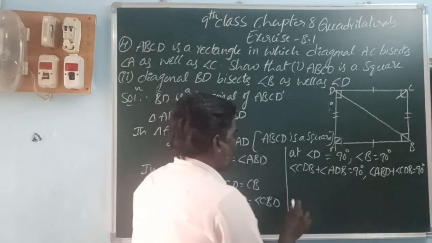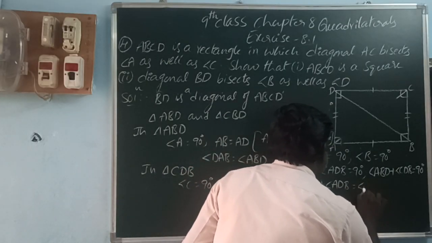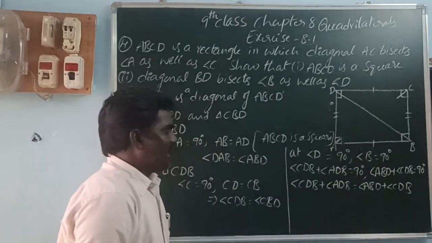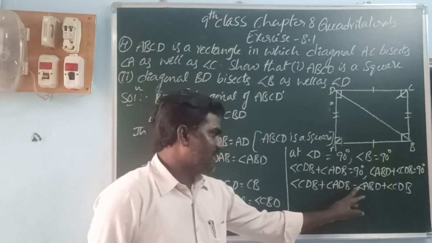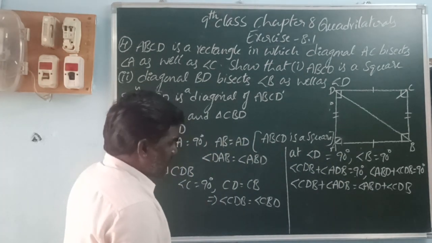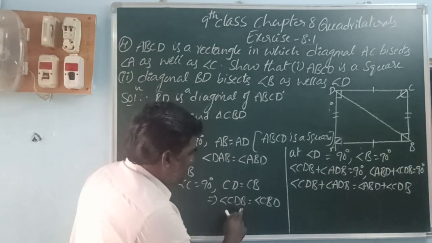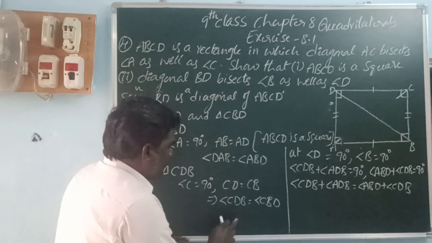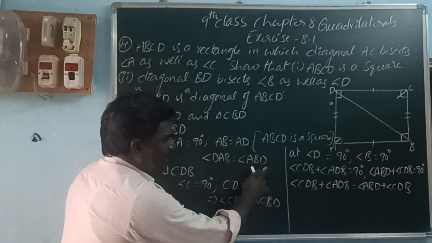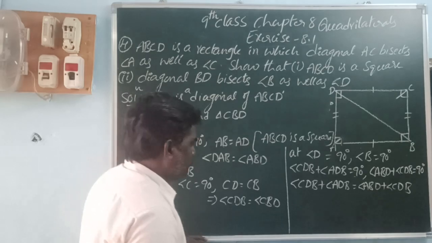From these two we can write angle CDB plus angle ADB is equal to angle ABD plus angle CBD. So in the place of CDB we can write CBD, and in the place of ABD we can write angle ADB.